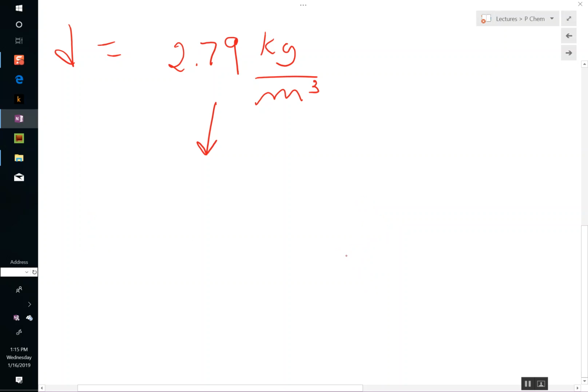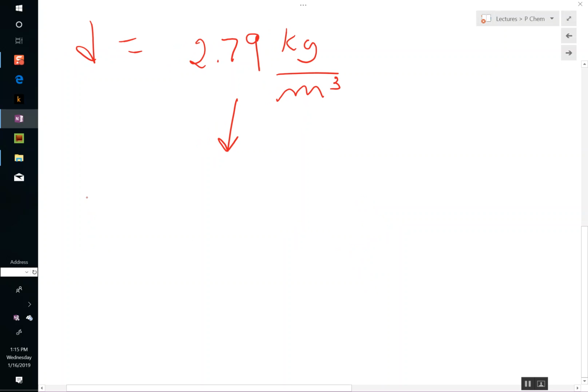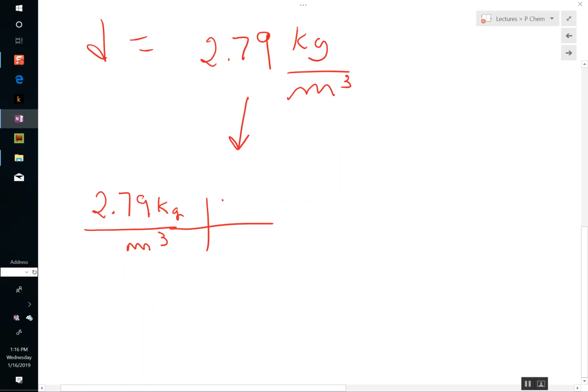Just to use dimensional analysis, how we doing? Pretty much there? Okay, so we're starting with this. There are 10 to the third grams per kilogram, so that gets us to grams. And there's 10 to the minus 3 cubic meters per liter.